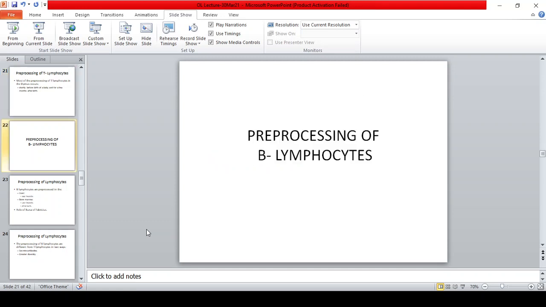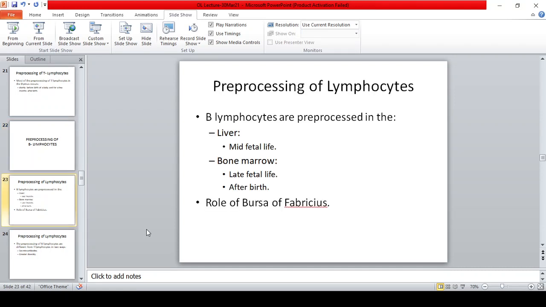Now, the pre-processing of the B lymphocyte occurs along the same principles and the same methods as the T lymphocytes. The only difference is that the B lymphocytes are pre-processed in the liver during the mid-fetal life, and in the bone marrow during late fetal life and after birth, instead of the thymus.